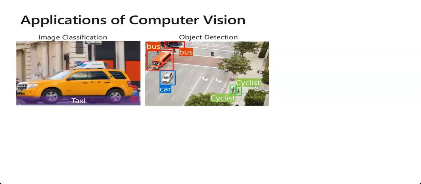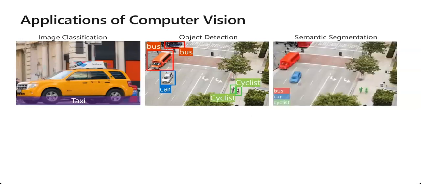Now, there is something more advanced, and that is called semantic segmentation. Semantic segmentation models are an advanced kind of model that classify individual pixels in the image based on the object they belong to. So in this case, you see that all the pixels of the car got classified correctly, and they were given a blue filter here to really distinguish it.